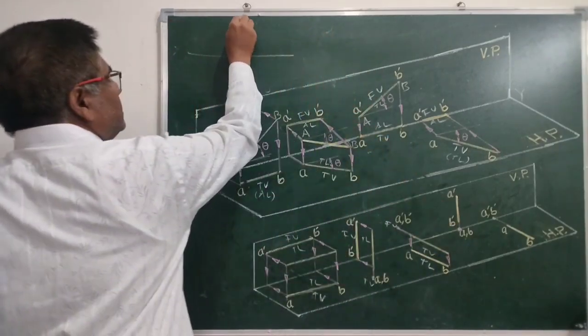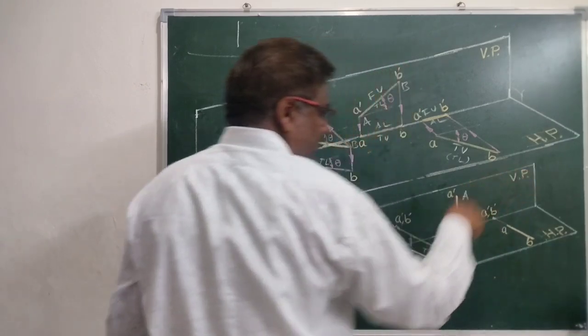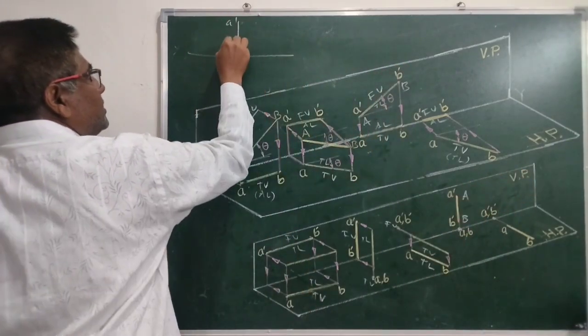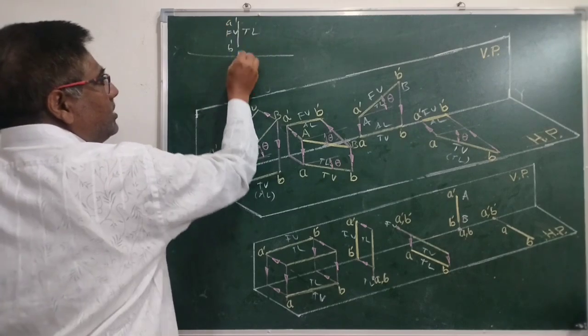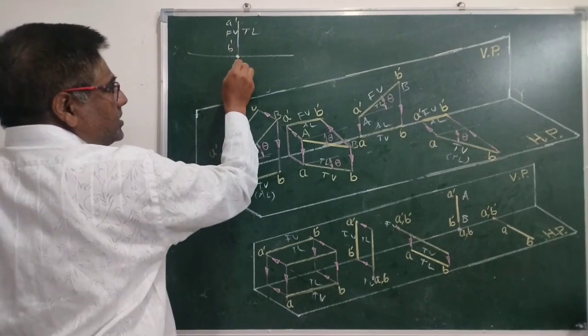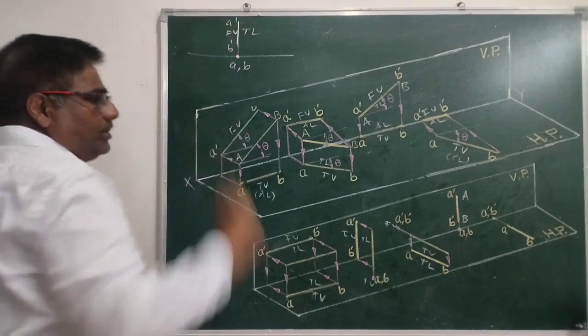What is this case? The line itself is a front view because it is in VP. A dash, B dash. Of course, this will give you true length. This is front view. And what about top view? This is the top view. A comma B. This is front view.